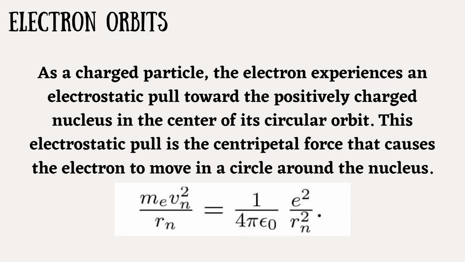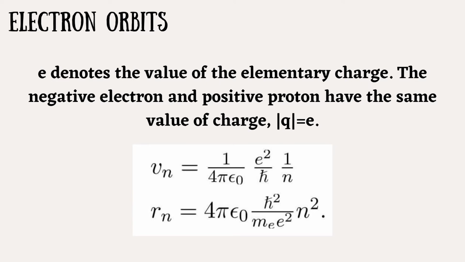Therefore, the magnitude of the centripetal force is identified with the magnitude of the electrostatic force, where m_e v_n squared over r_n is equal to 1 over 4 pi epsilon 0 times e squared over r_n squared, where e denotes the value of the elementary charge. The negative electron and positive proton have the same value of charge, so q equals e.